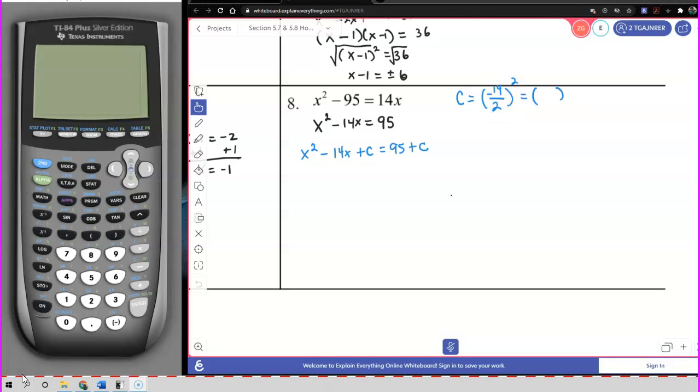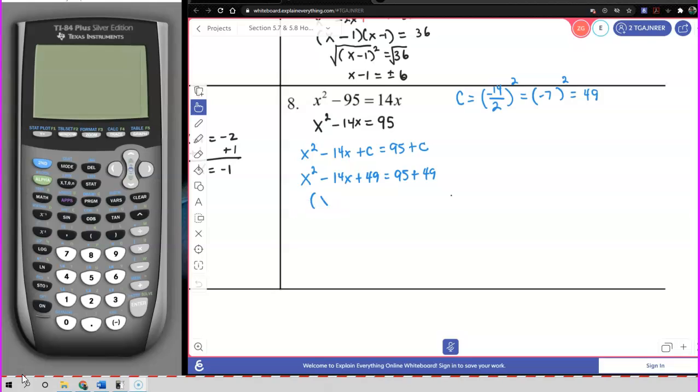So let's go ahead and do the division. Negative 14 divided by 2 is negative 7, squared, and that's going to give you 49. So you have x squared minus 14x plus 49 is equal to 95 plus 49, because you have to balance the equation.